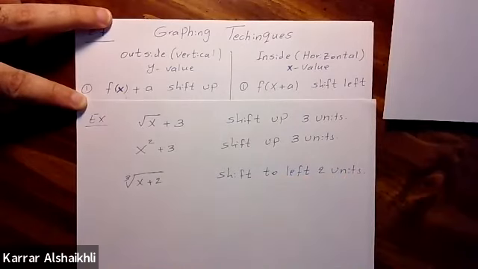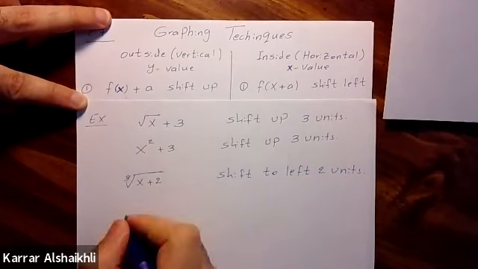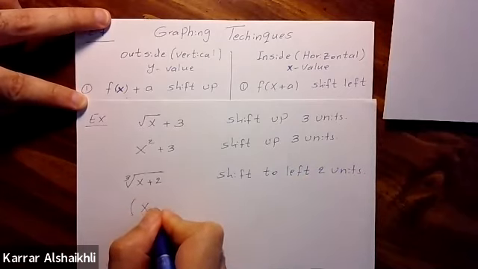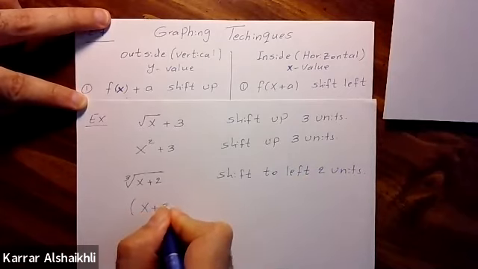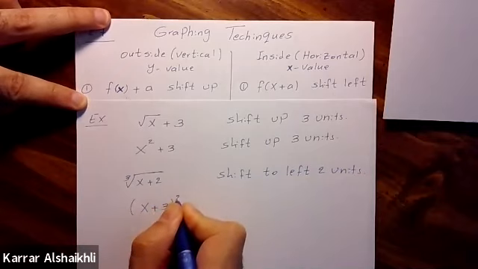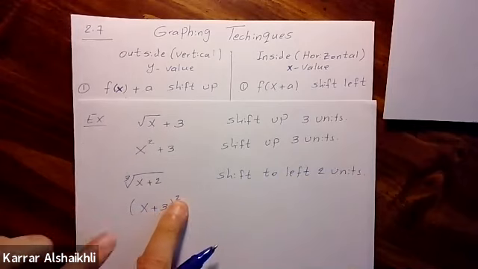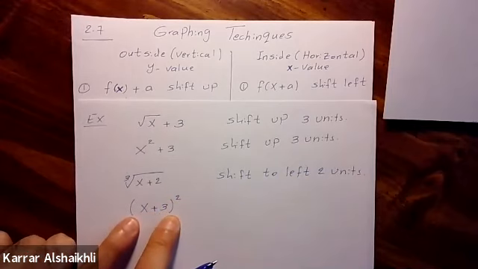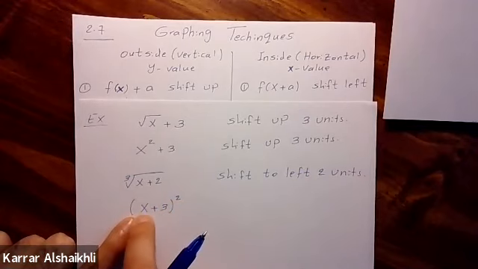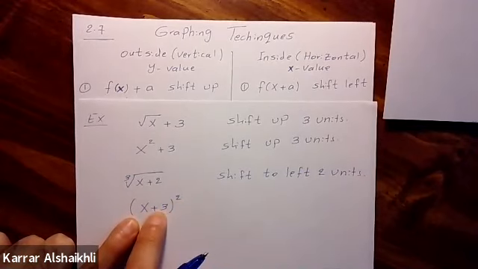Let's do another example. If we have x plus 3 squared. Check the squared for everything inside. That means x squared. The parent function here is x squared, but there is a number here.